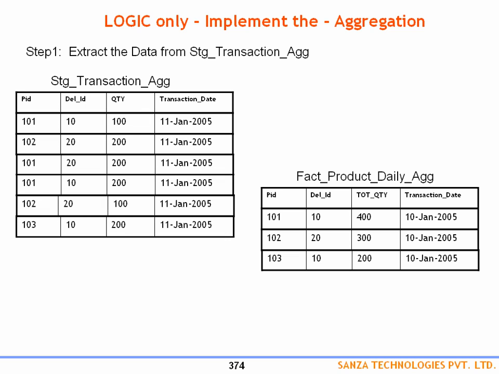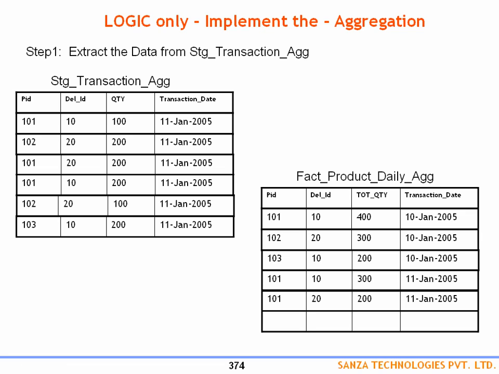This data already exists in your target, which is the full aggregation for product 110 and the other transactions on the date 11th January, with combinations of product ID, dealership ID, and transaction date.